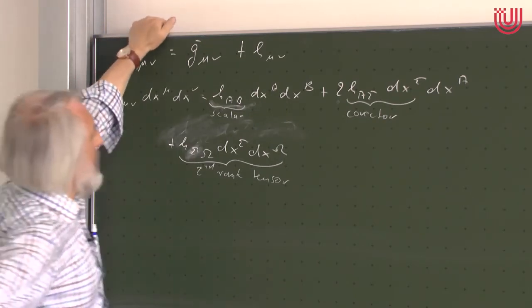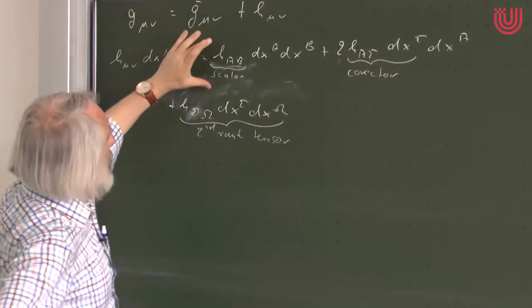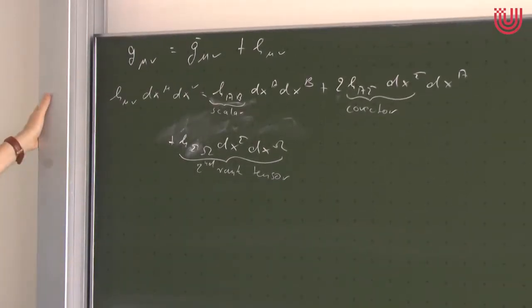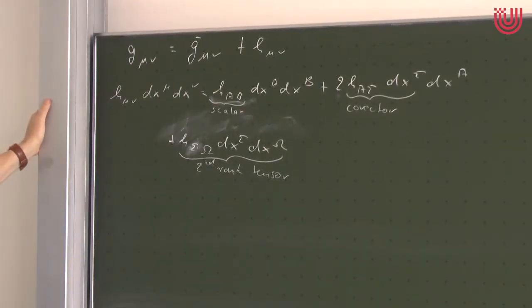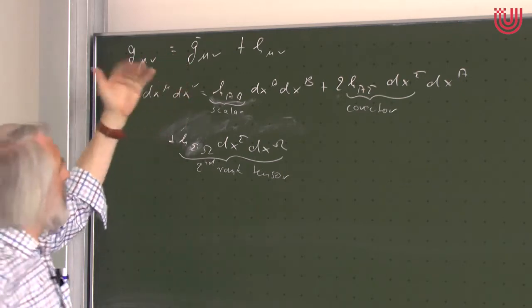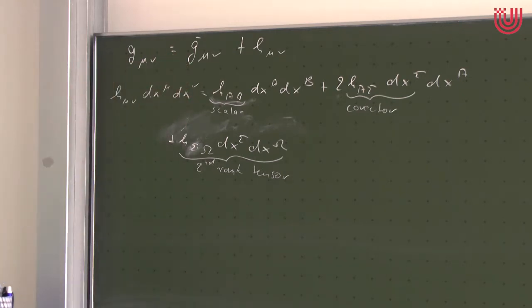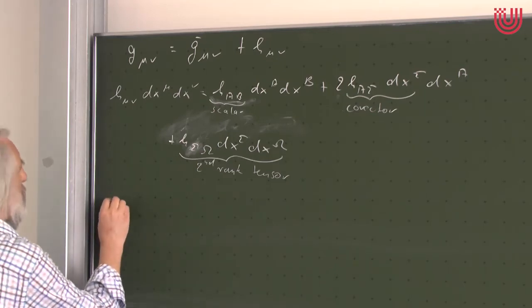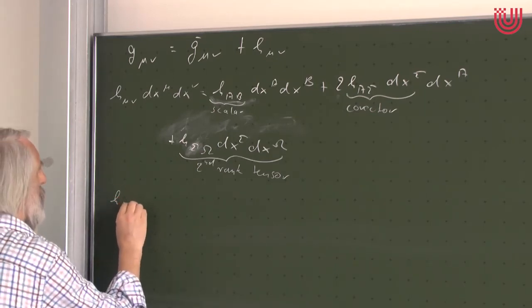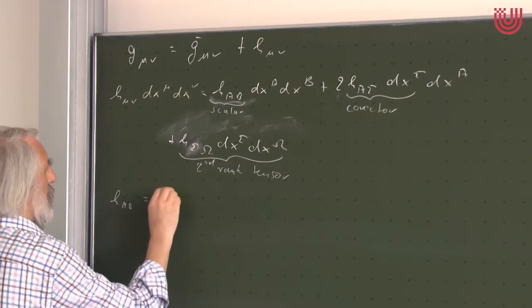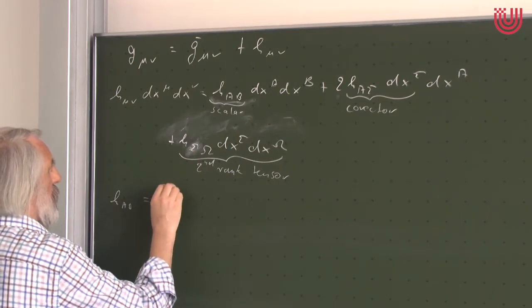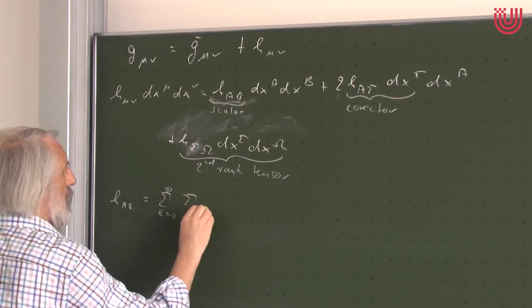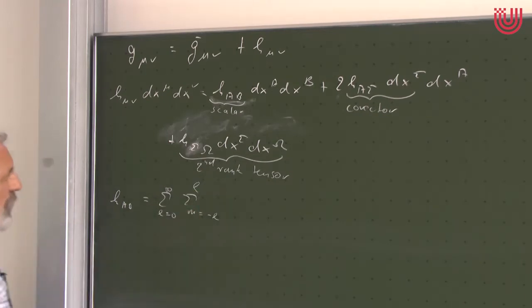So we did this last time. I think everyone could easily follow when I expanded the H_AB in terms of spherical harmonics. These are just scalar functions. Everybody knows how to expand a scalar function into spherical harmonics. So we have written H_AB in the form, with the usual range of the indices m and l of the spherical harmonics.